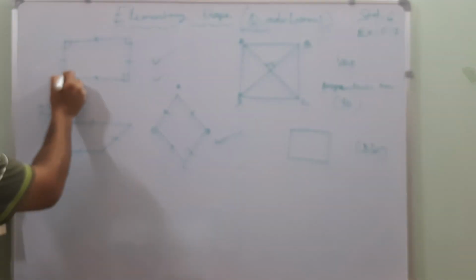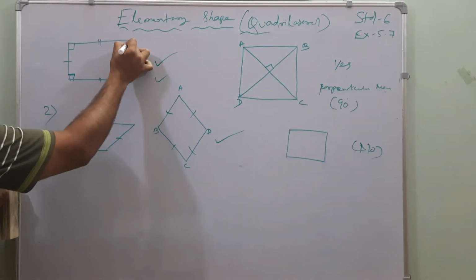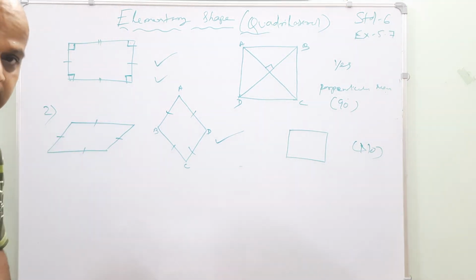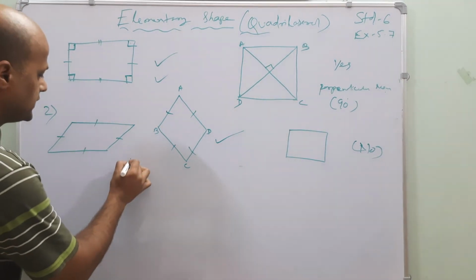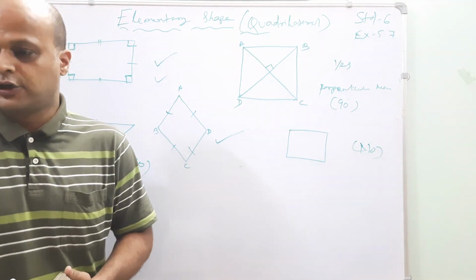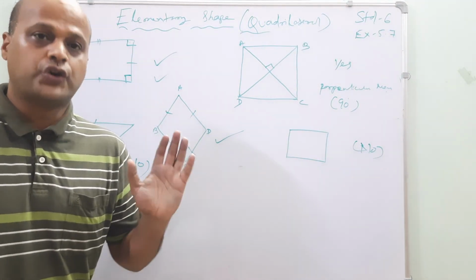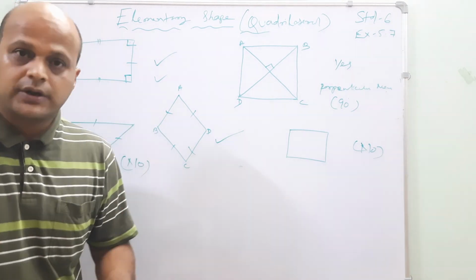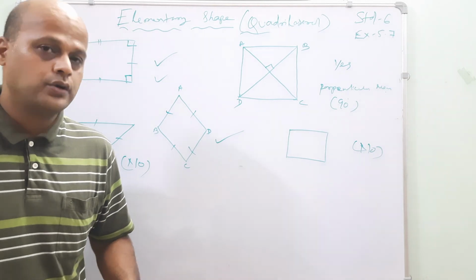But in the rectangle, all angles are 90 degrees or not? But in the case of a parallelogram, are all angles 90 degrees? No. So the answer is no. Understood, my dear friends? In this manner, you have to find out the solution of your given questions. So my dear friends, remember the funda and solve all the questions.